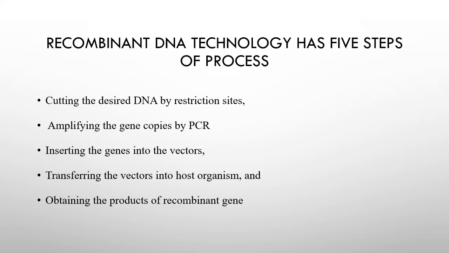What are the steps in recombinant DNA technology? There are 5 steps or processes in recombinant DNA technology. Number 1 is the step in which we cut the desired DNA by restriction sites, and the next step is amplifying the gene copies by PCR.